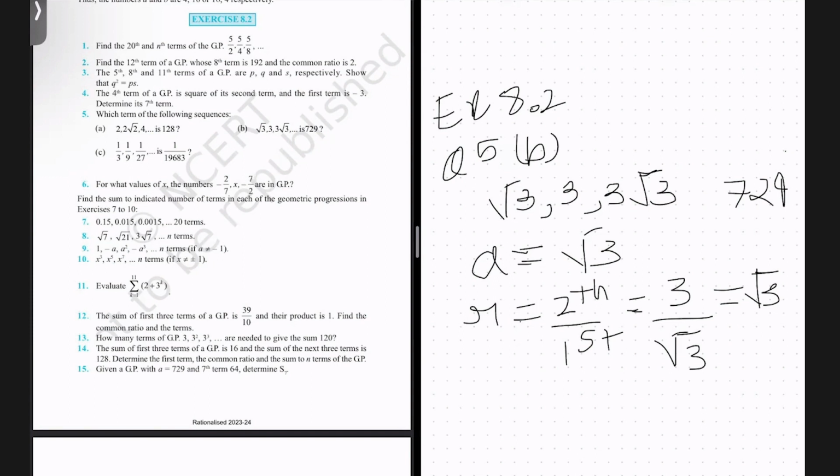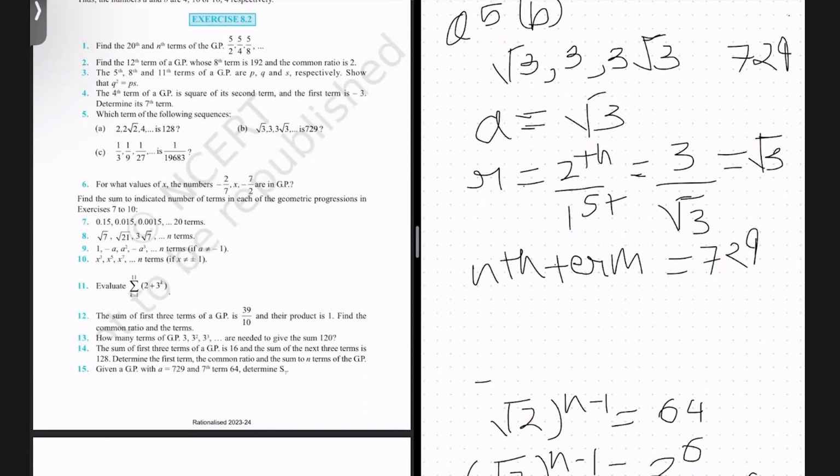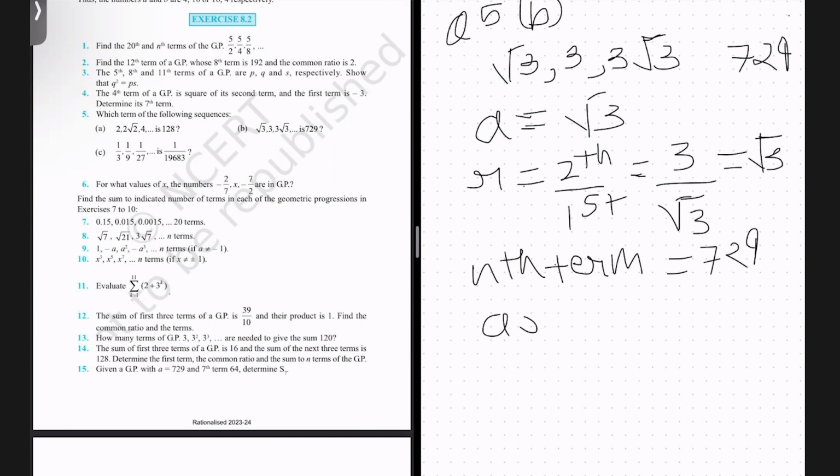So the nth term is 729, and we need to find out the value of n. The nth term could be denoted by a r to the power n minus 1, and that equates to 729.